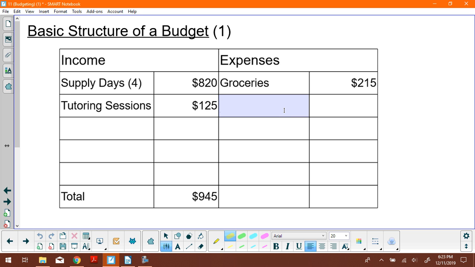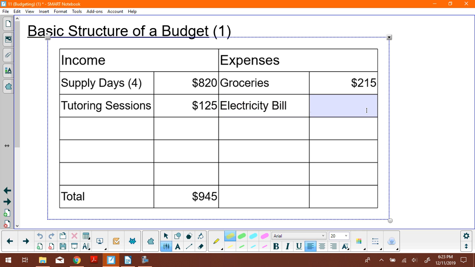And the electricity bill came in there. So that cost $5. What else? Let's say Jasper came in 75.